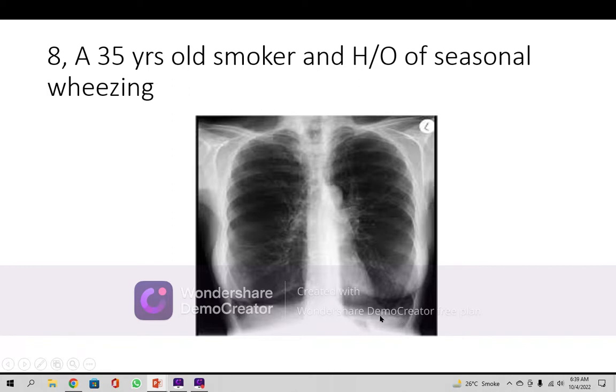Domes of the diaphragm are flat, slight tenting here, and the heart is small. Because the heart is small, we don't say it is microcardia, but what is called is straightening of the cardiac shadow.